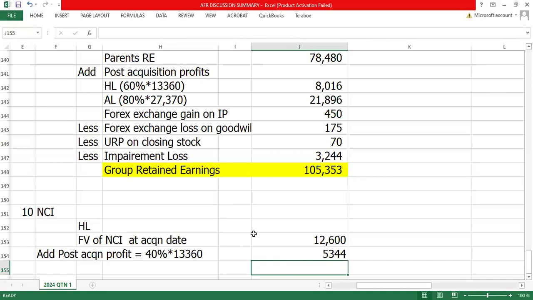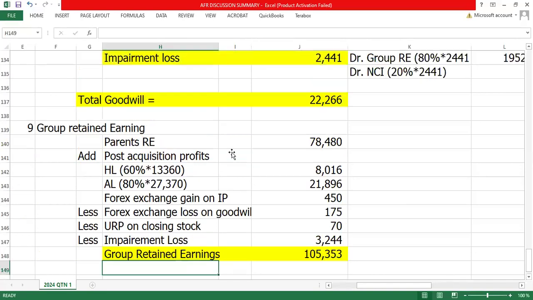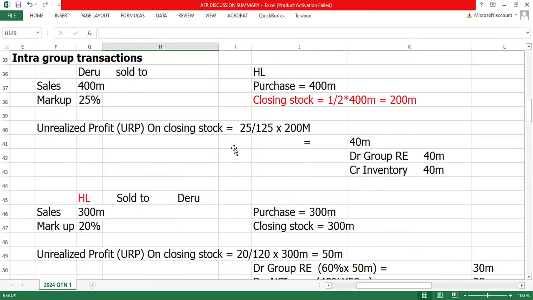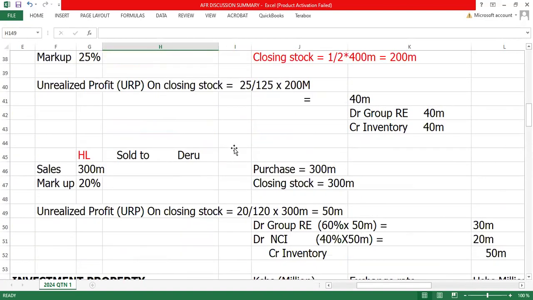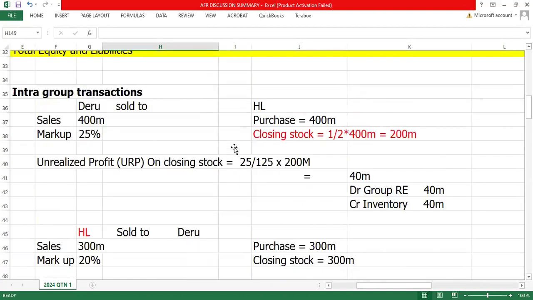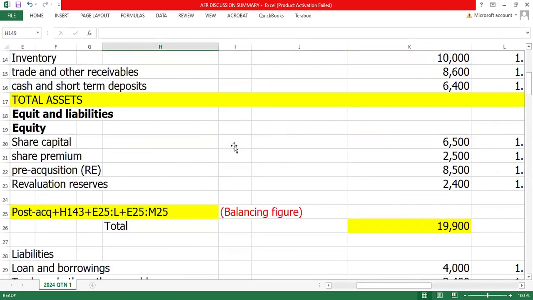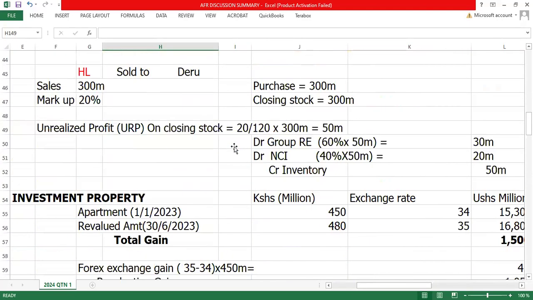Do we have any other adjustment? You go back at your workings and see whether you have anything that affects HL, NCI of HL. We have the impairment loss. What about this? Yeah, even this one. Unrealized profit, we eliminate unrealized profit.